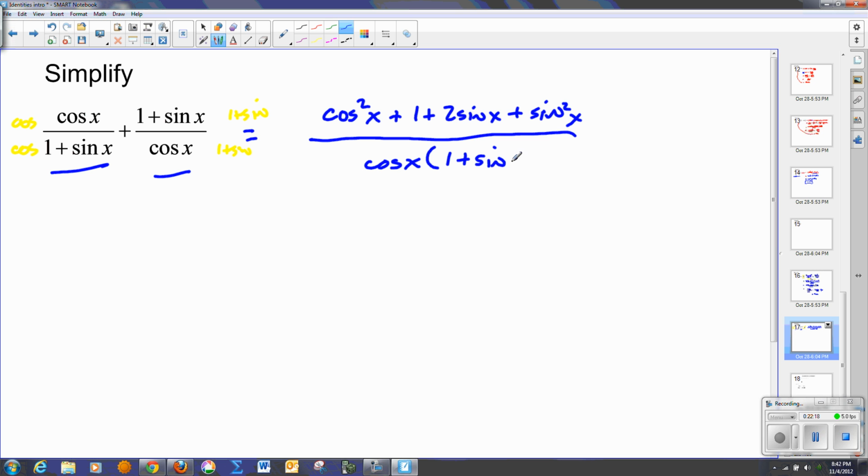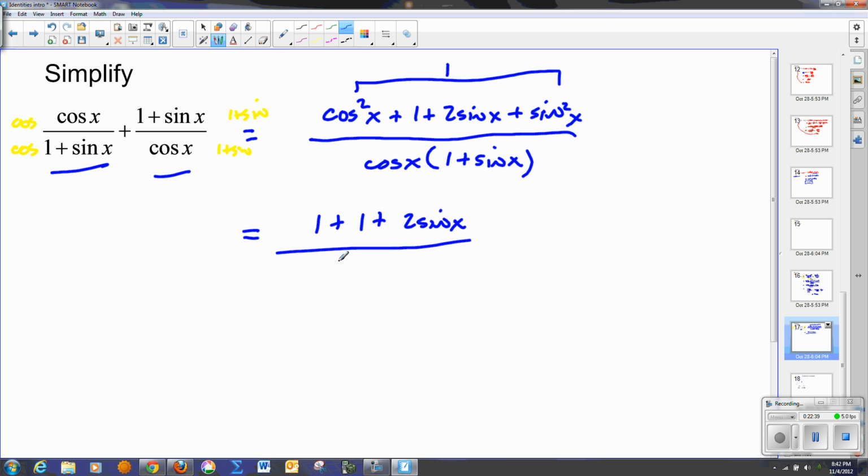So I'll keep it as cosine times 1 plus sine. I notice these two ends are a Pythagorean identity of 1. So I have 1 plus 1 plus 2 sine of x over cosine of x times 1 plus sine of x.